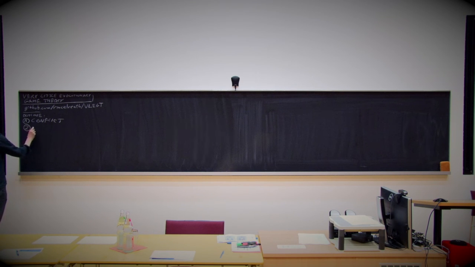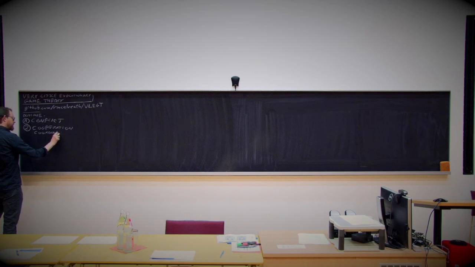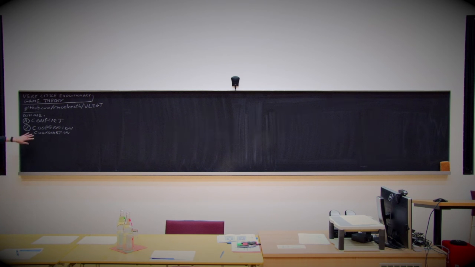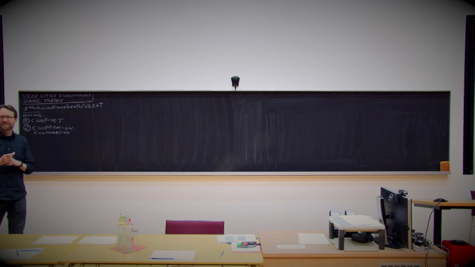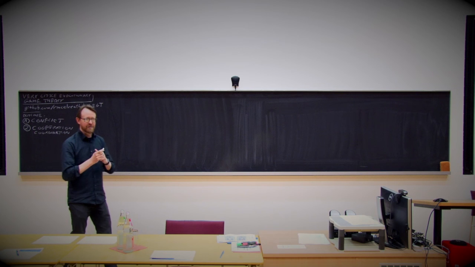In the second week, we're going to do cooperation and coordination, which are really just a different perspective on conflict. The whole reason we study cooperation and coordination is that there's conflict in the attempts to create cooperation.